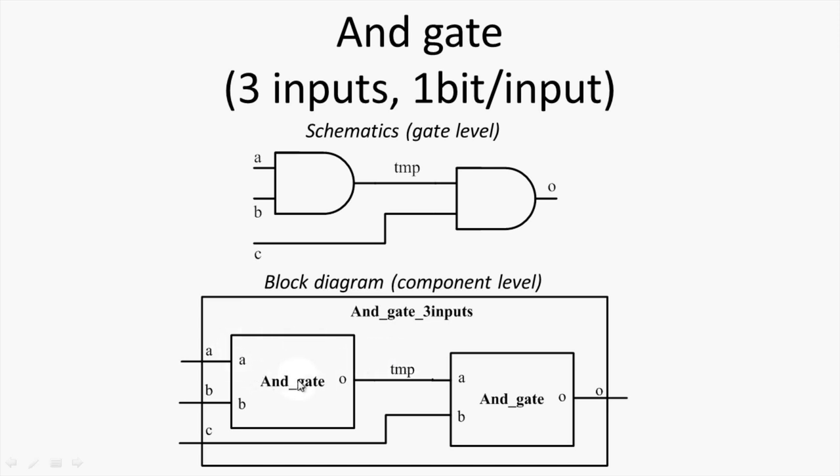The AND gate component, as you remember, had 2 inputs, A and B, and an output O. And these signals are going to be connected to the outside signals. So for example, the O is going to be connected to an outside signal called TMP. But we are going to see very quickly how this is done.